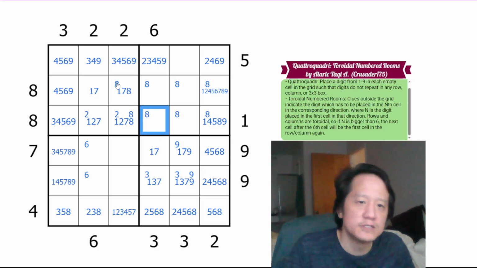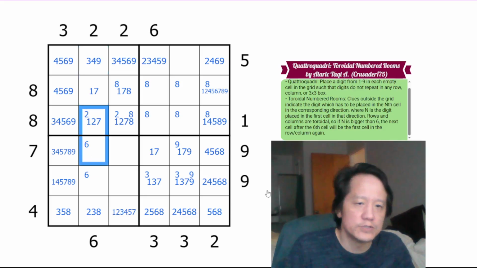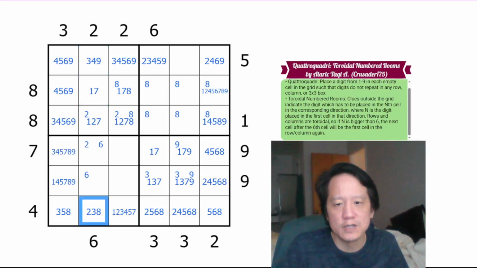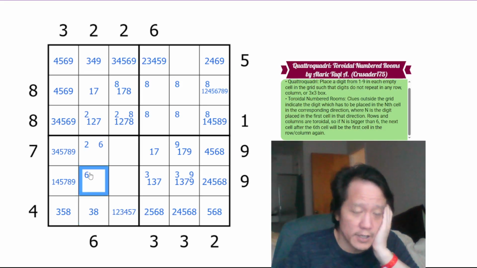Okay. This is saying 2 can be in 3, 4, or 9. That's interesting. That means 2 has to be one of these two, which means this cannot be 2. So 6 is either in 3 or 8, but that still could be either of them.